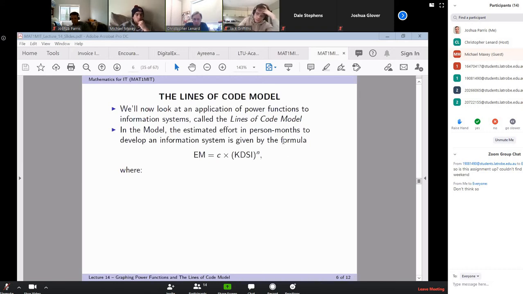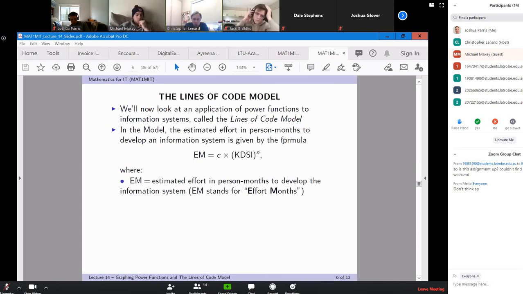And the estimated effort, this EM, is some constant times some size of the task to a power. So the estimated effort, this EM, is the person months. So basically, if you say something will take 6 person months, then there's a couple of ways of doing things.